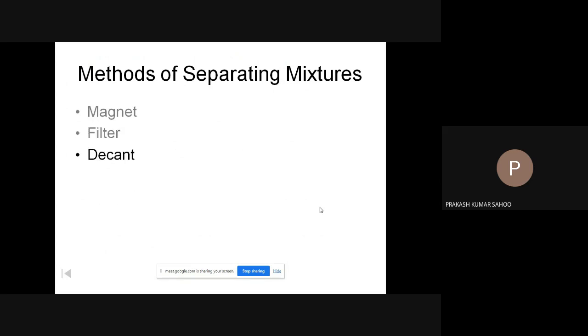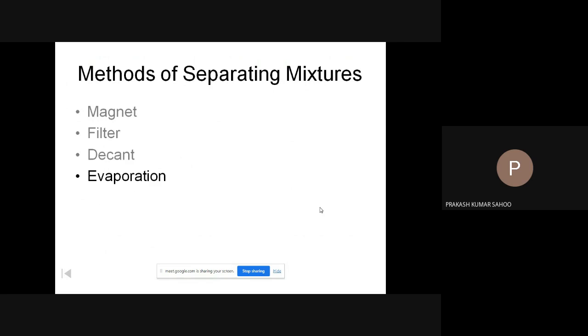Then we have the decantation process. In decantation, you just decant the upper part of the component that is in liquid state, and you will separate the solid part by simple decantation.